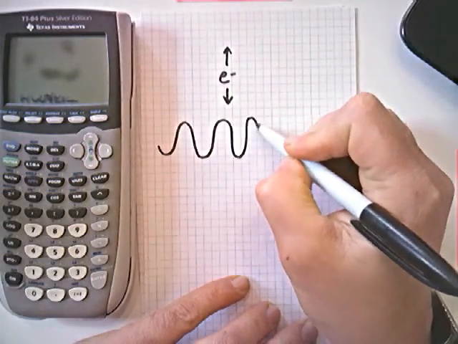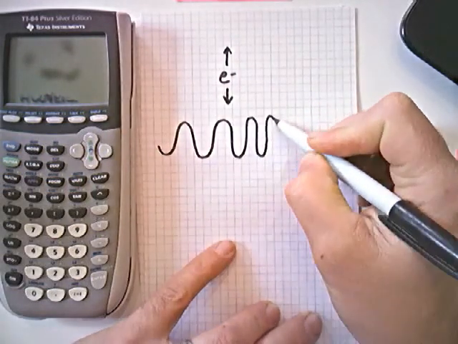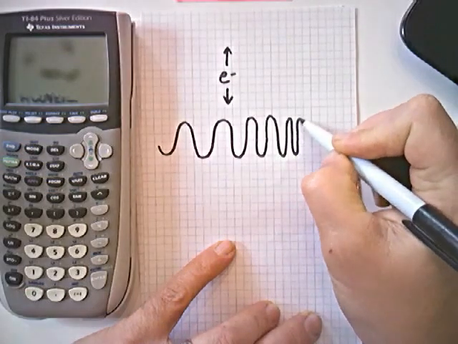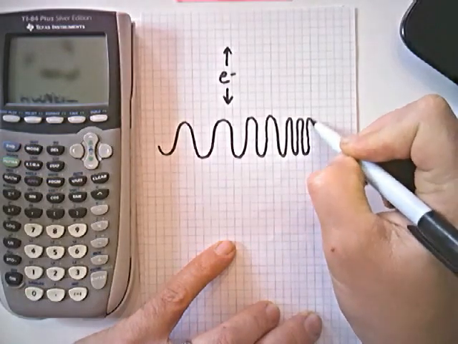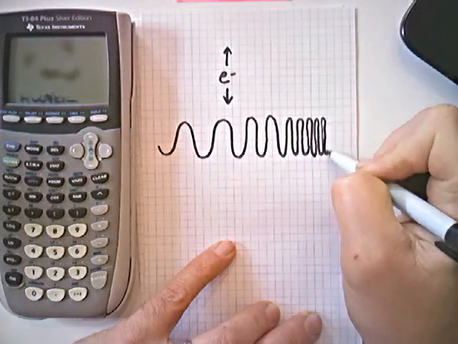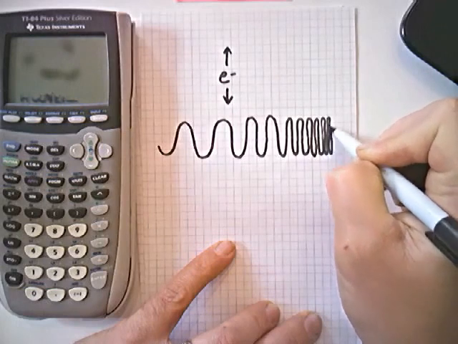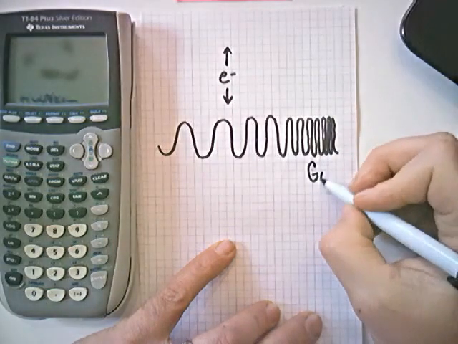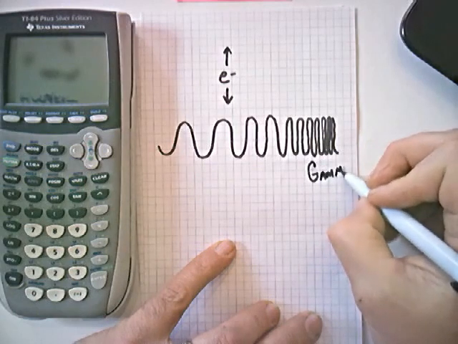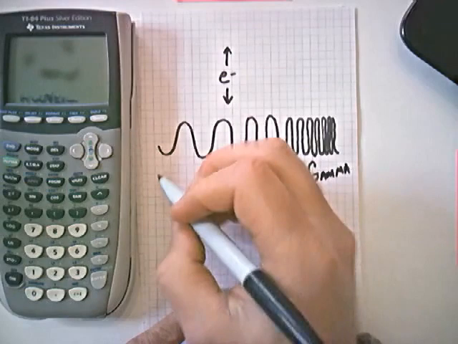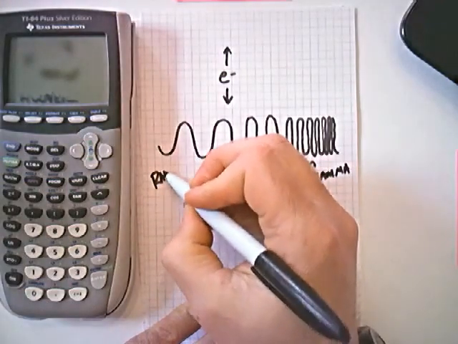Some oscillations occur very rapidly, and some do not occur rapidly at all, so they have very different frequencies. When we get way over here, you can have a very high frequency. That would have a lot of energy, something like a gamma ray. And if we're over here, we have something that doesn't have as much energy, something like a radio wave.